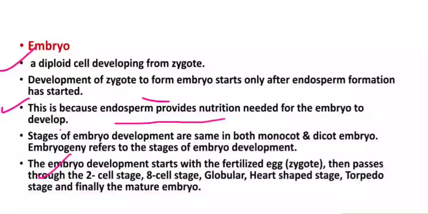The stages of embryo development are the same in monocot and dicot embryos, and embryogeny refers to the stages of embryo development. It includes many stages like the 2-cell stage, 8-cell stage, globular shape stage, heart shape stage, torpedo stage, and finally the mature embryo will be formed.